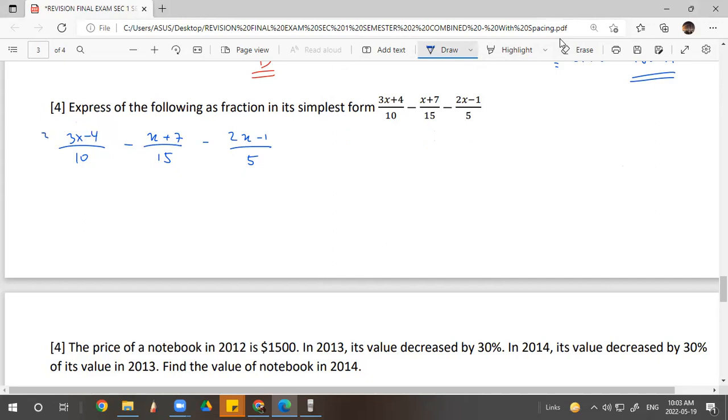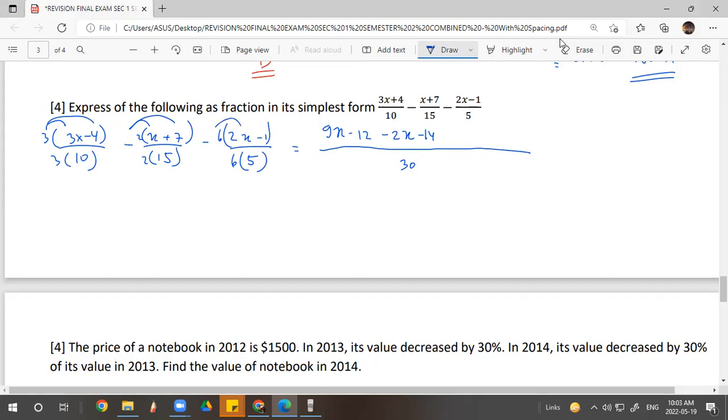So put the 3 in front. The 3 also goes in front to make a fair share, this 6 as well. So everything becomes 30. So this is 9x minus 12, right? 9x minus 12, and then negative 2x minus 14.